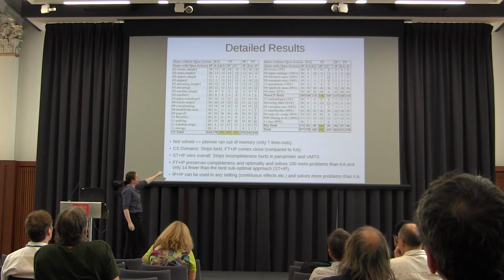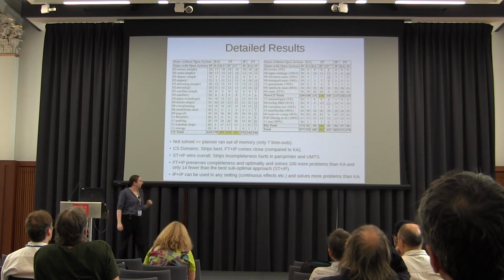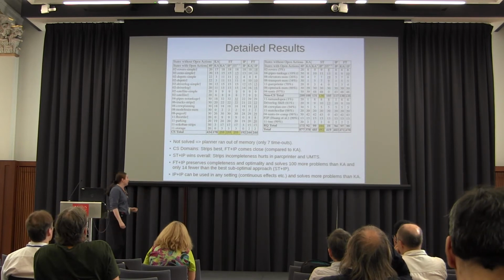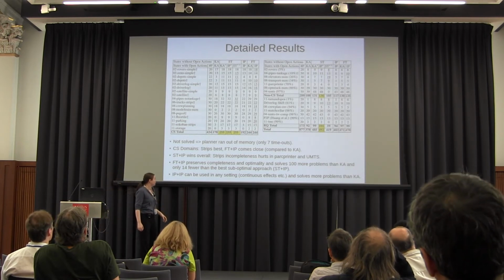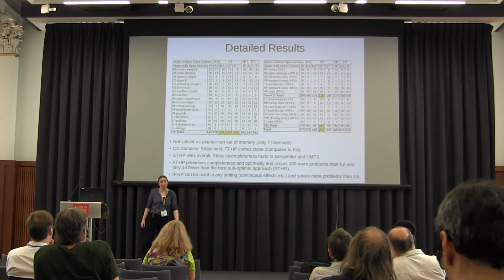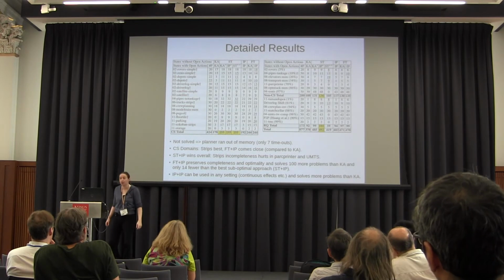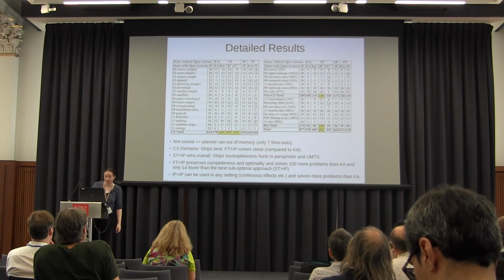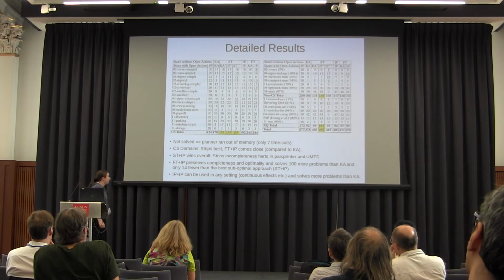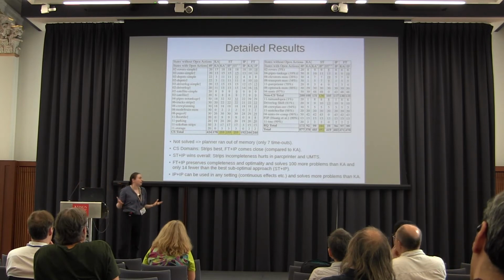It solves only 14 fewer than the best suboptimal approach, so we don't pay too much for maintaining optimality. Final comment, isomorphism pruning is safe for any setting.